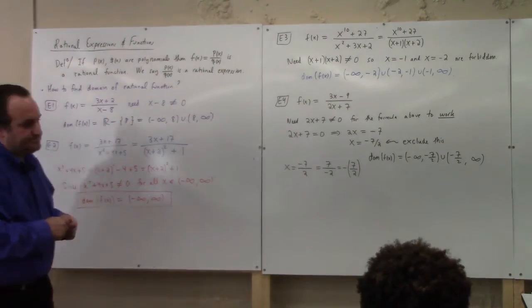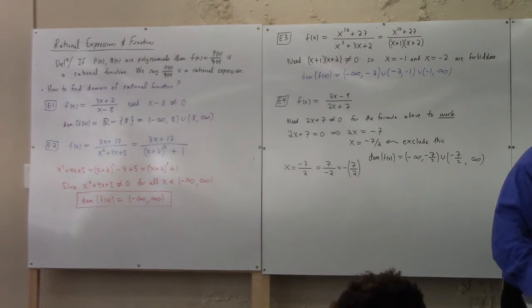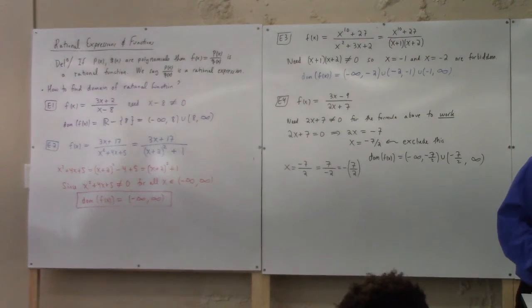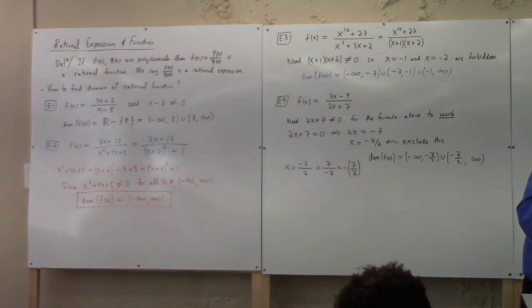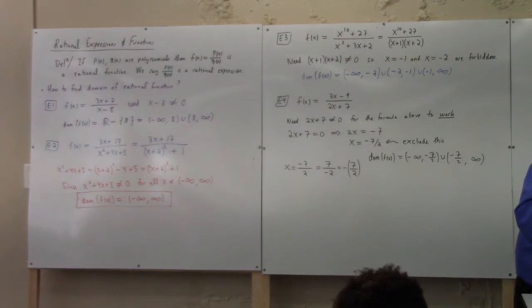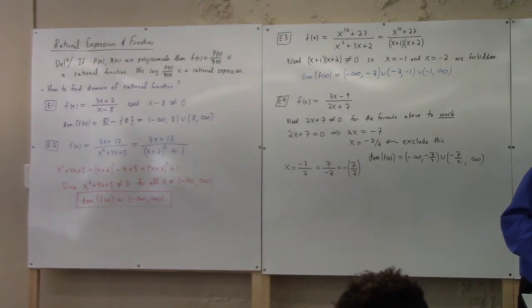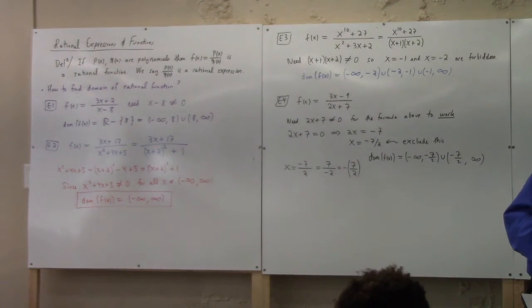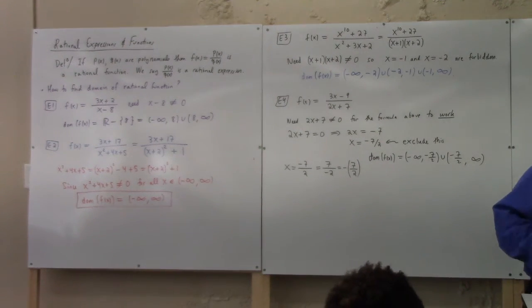Okay, so let's see here. Let's talk about simplification and multiplication of rational expressions. All right. So essentially, at the moment, I've looked at how to do the beginning problems in section 5.1.